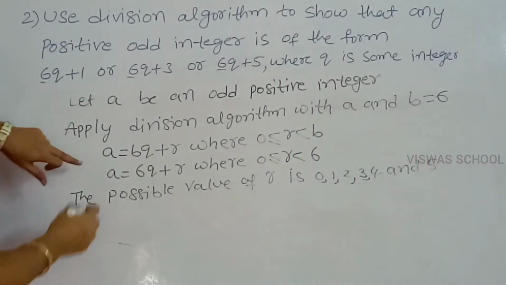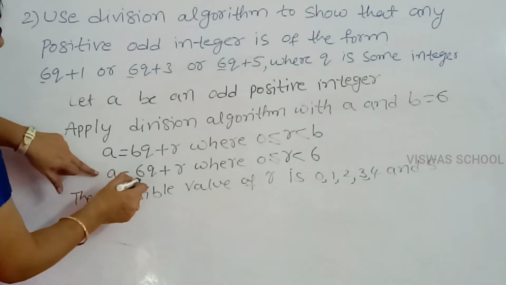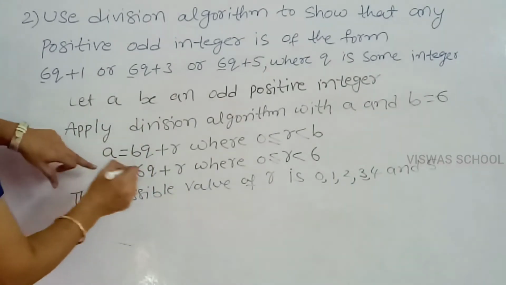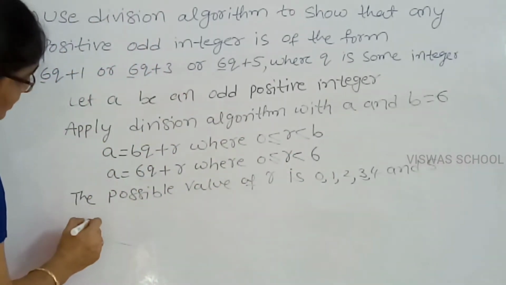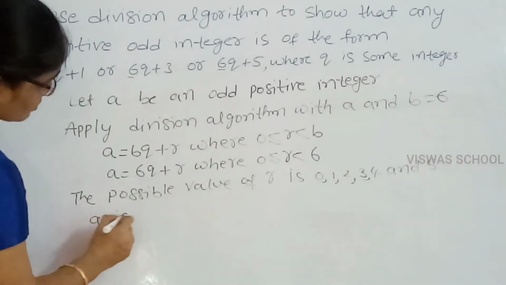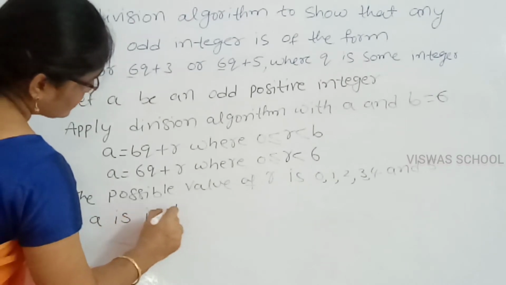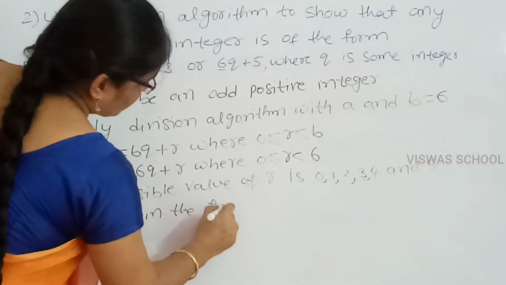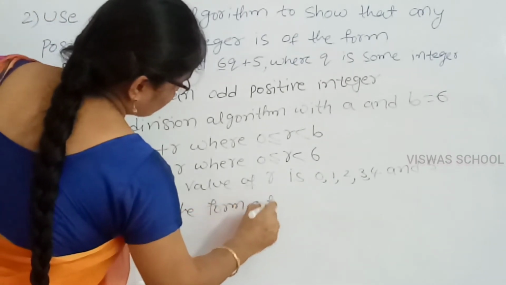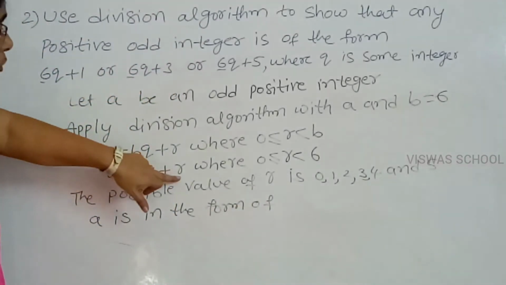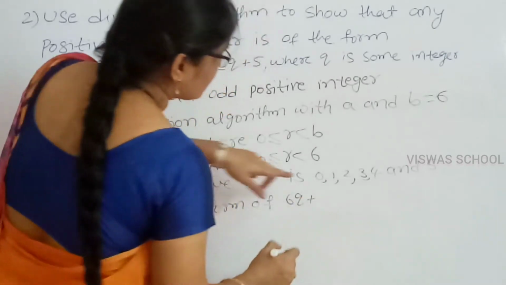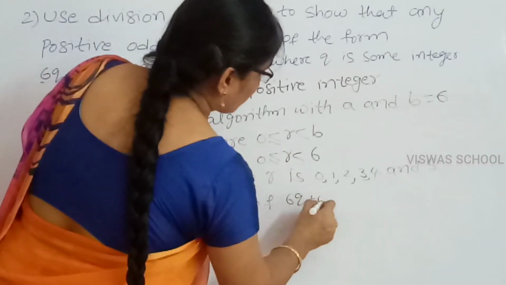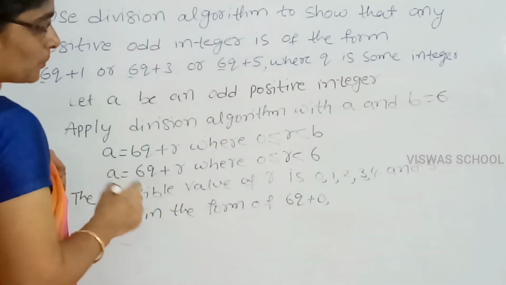Okay, now coming to the point here. a equals 6q plus r. By using these remainders, what is our a here? a is in the form of first one 6q plus r, that is 6q plus 0.